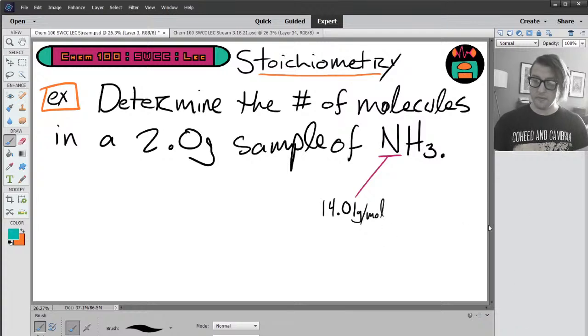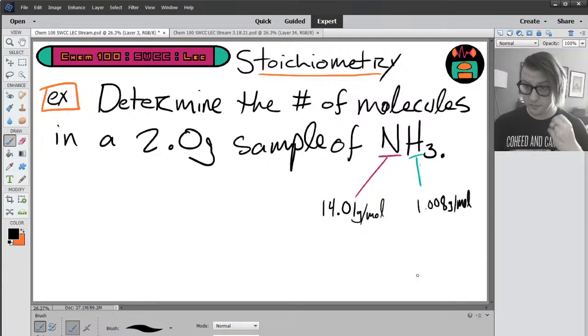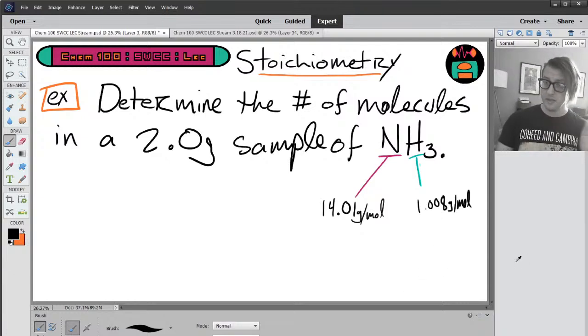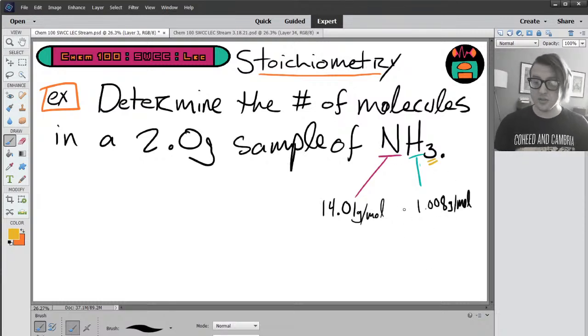And you can look up how many grams of hydrogen are in 1 mole. It's 1.008 grams per mole. And so we're going to have to calculate this ourselves, how many grams of ammonia are in a 1 mole sample. And the thing you've got to keep in mind are the number of atoms. So we don't just have 1 hydrogen here, we have 3.